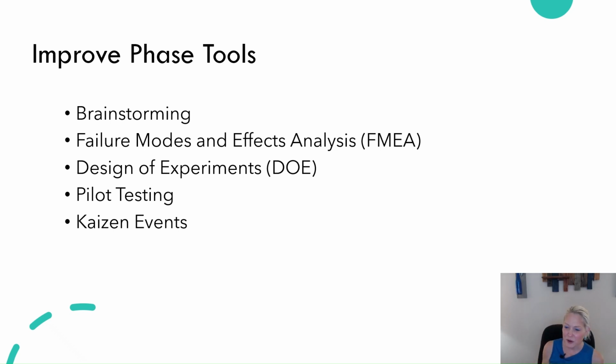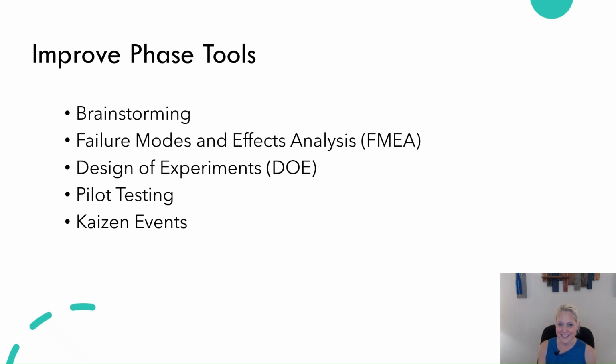We also may go into something really advanced, like design of experiments. And we do some pilot testing. We also might use Kaizen events. If you want to learn more about design of experiments, it is a very advanced tool to use. That's something I do teach in my Black Belt courses.